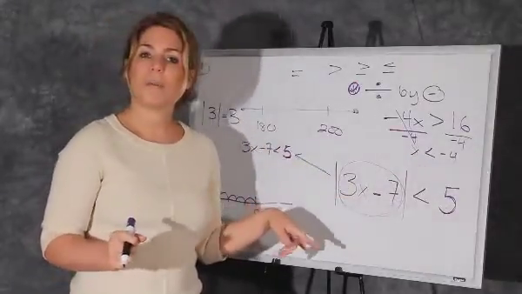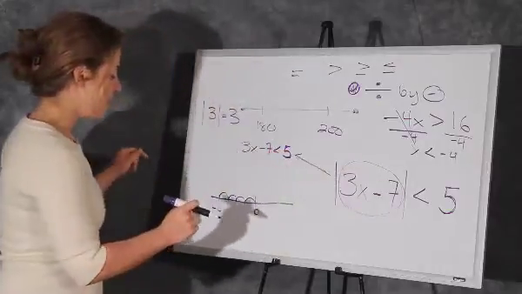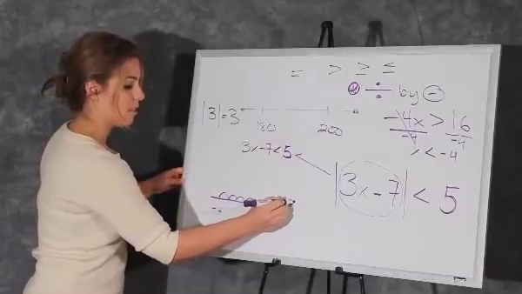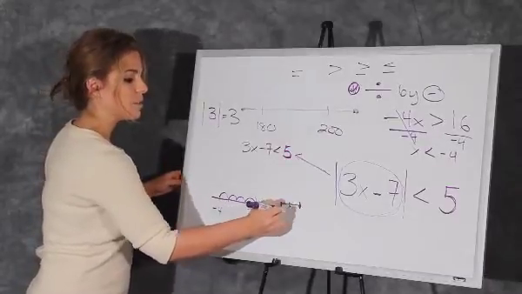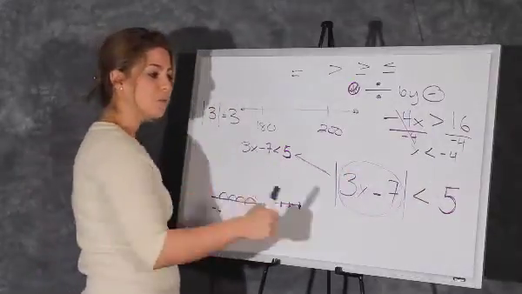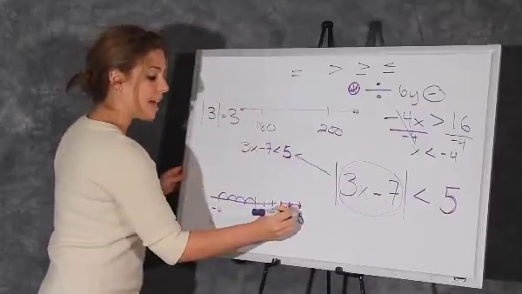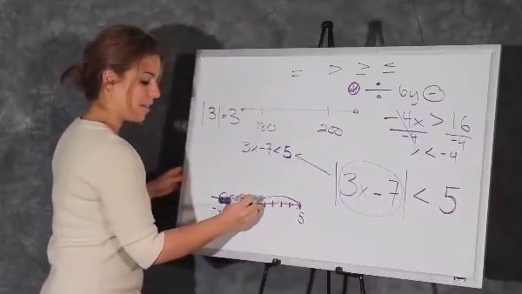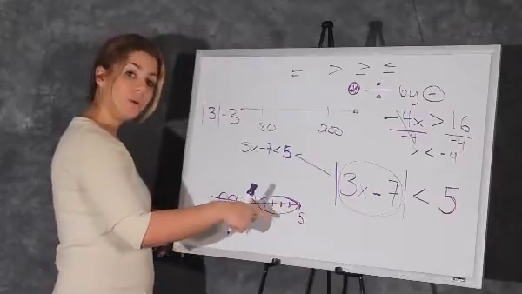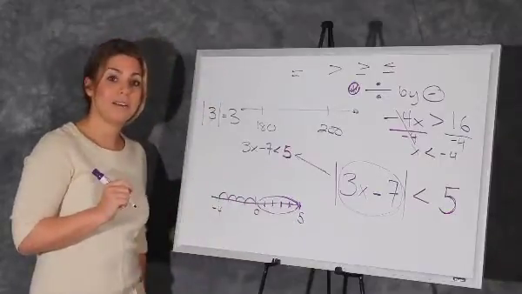What you also want to remember is that, if we have this number line, when we're saying that this has to be less than 5, because it's an absolute value, what goes in that absolute value could be anywhere in here that's less than 5 and greater than 0, because all of those values are going to be less than 5 units away from 0.